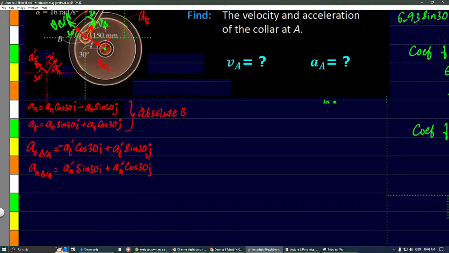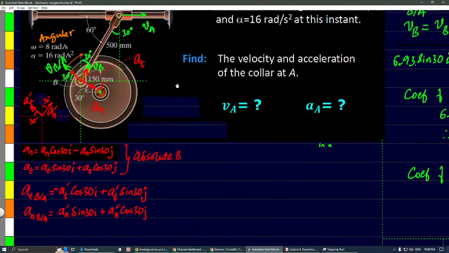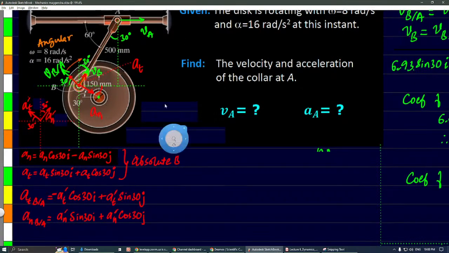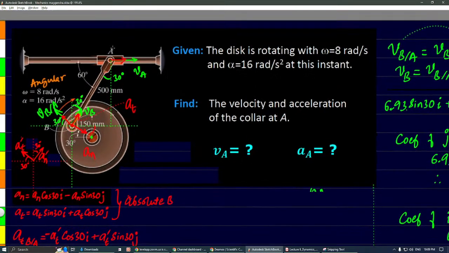These are the values. And then acceleration of A, we know it will be in tangential direction only because there will not be any normal acceleration.